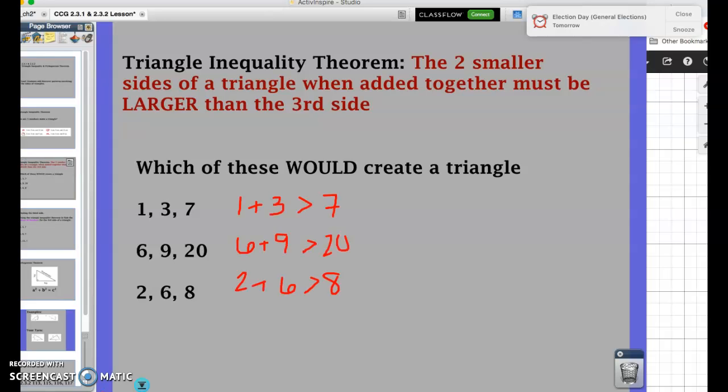All right, so if you look, when we add them together, notice none of them are bigger than that third side. 1 plus 3 is 4, not bigger than 7. 6 plus 9 is 15, not bigger than 20. 2 plus 6 is equal to 8, it's not bigger than 8. So none of these make a triangle because those two sides, when I add them together, don't make that third side.